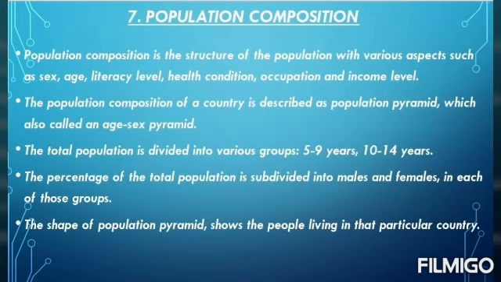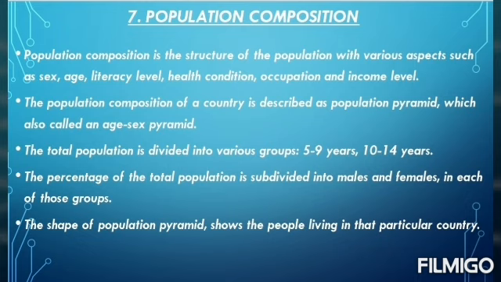The last topic is what is population composition. Population composition is the structure of the population with various aspects such as sex, age, literacy level, health condition, occupation and income level. The population composition of a country is described as a population pyramid, which is also called an age-sex pyramid.